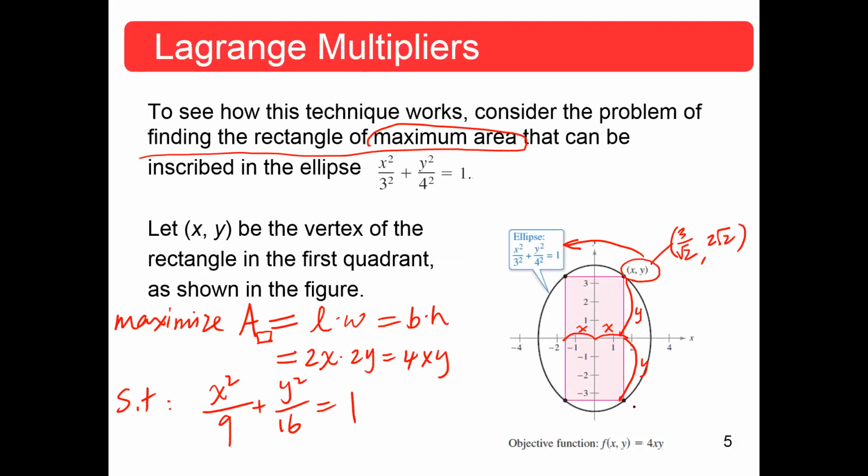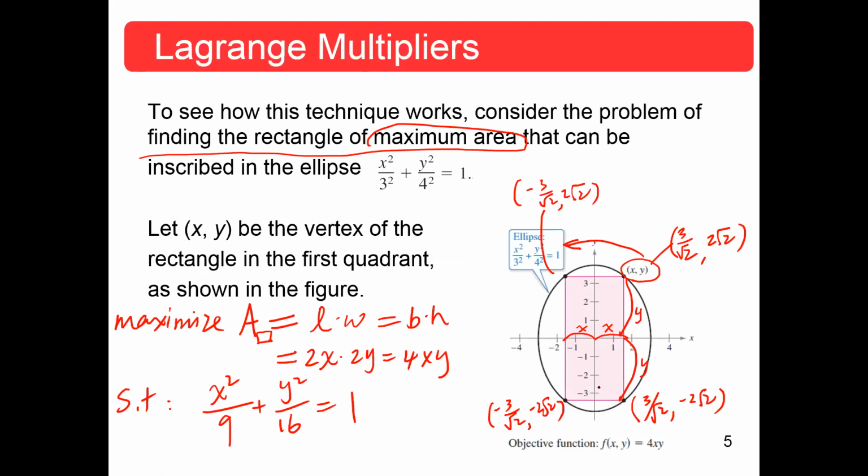For example, the point in the fourth quadrant would be 3 over root 2, x positive, y negative, so negative 2 root 2. This point would be both negative: negative 3 over root 2 and negative 2 root 2. And this point would be x negative and y positive. But if you're only looking at this important point, then 3 over root 2, 2 root 2 would give you the maximized area of the rectangle.